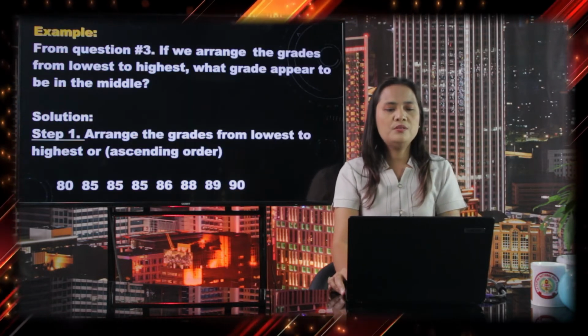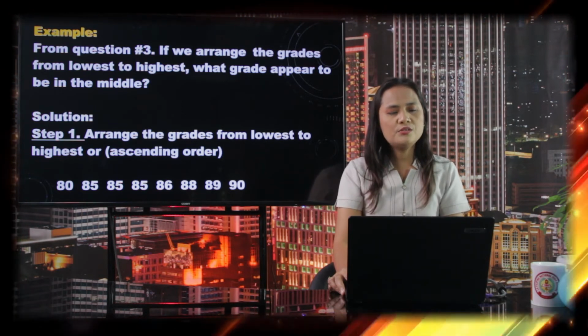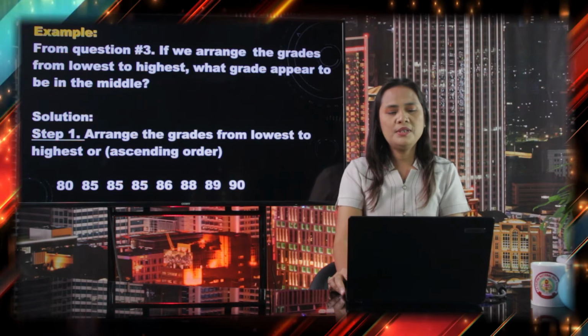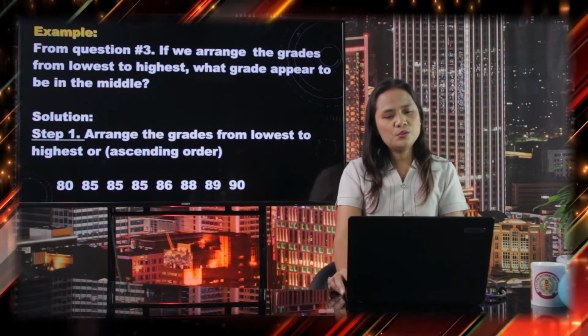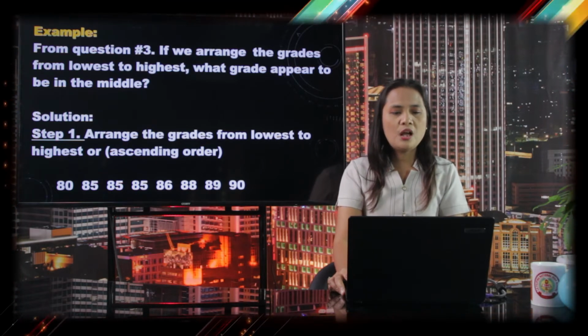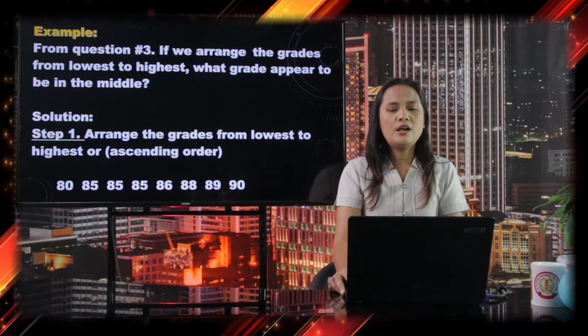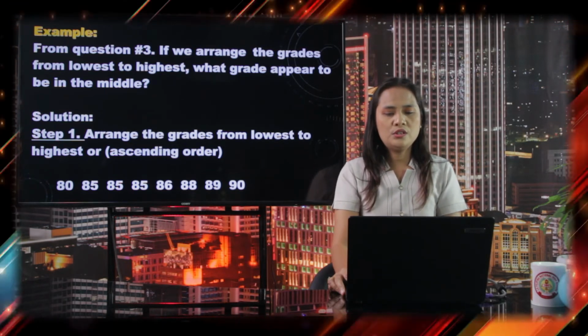For example, from question number 3, if we arrange the grades from lowest to highest, what grade appears to be in the middle? So we have the solution. We follow the steps on how to find the median. Step 1. Arrange the grades from lowest to highest, or ascending order.